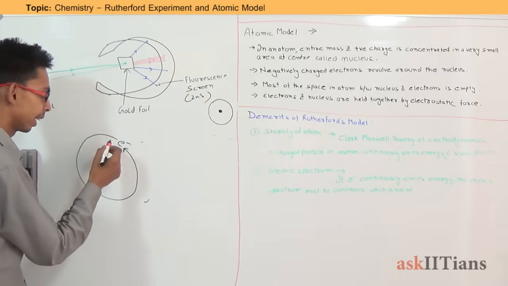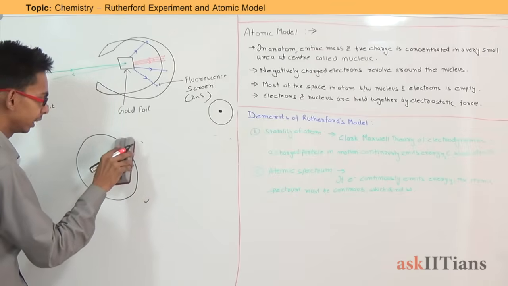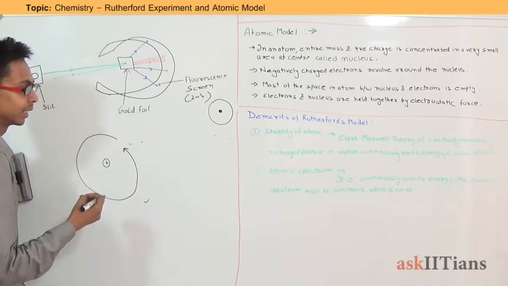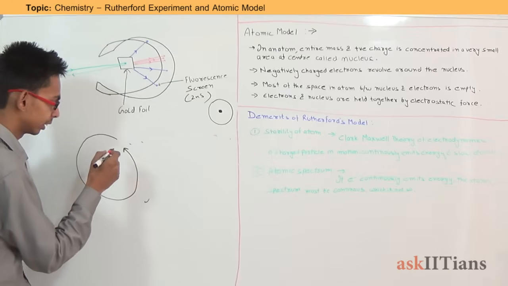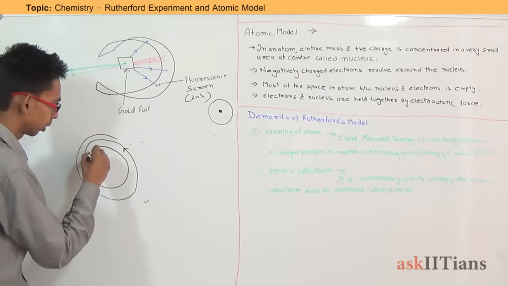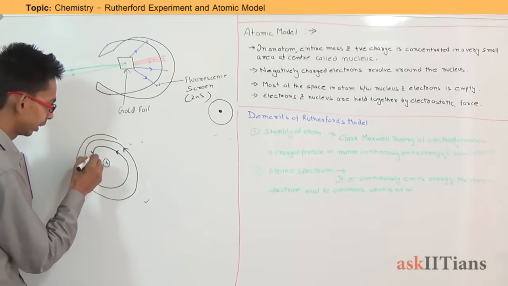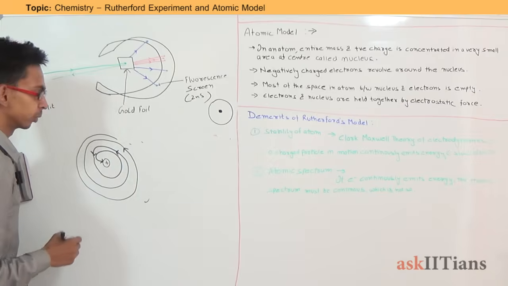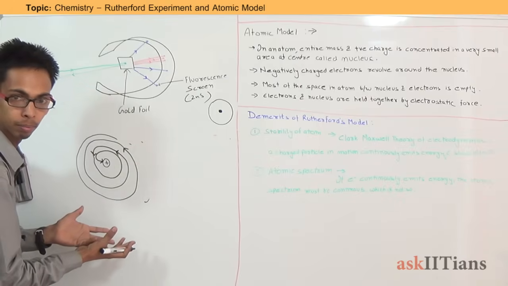Now, if the electron moving around the nucleus loses energy in the form of radiation, emitting it continuously, that means its energy is reducing continuously, and if the energy is reducing, the radius of the electron's orbit around the nucleus will also keep on decreasing, and eventually the electron will collide with the nucleus, and when that happens there will be destruction of the atom.